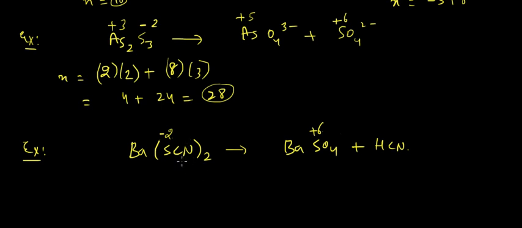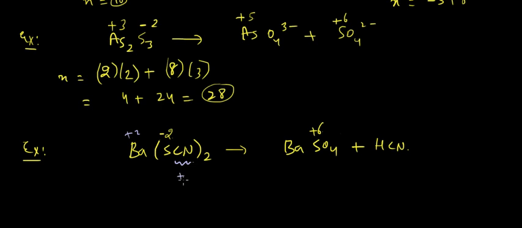And CN is going from +1 to -1. As the overall charge on Ba(SCN)2 is 0, Ba +2 is getting attached to SCN -2.